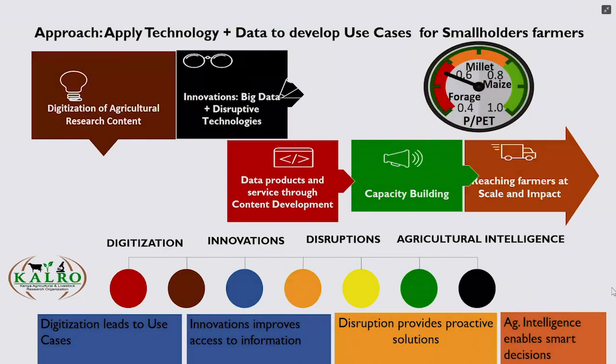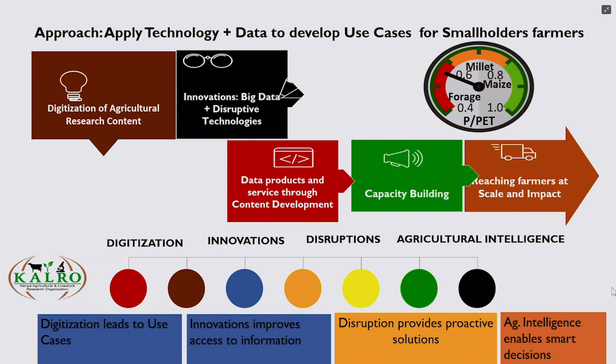Now, our approach is how can we apply technology and data to develop use cases or services for smallholder farmers. So in terms of developing use cases using technology and data, we need to look at four important things. One is how do we increase or enhance digitization? Because this will lead to a number of use cases.